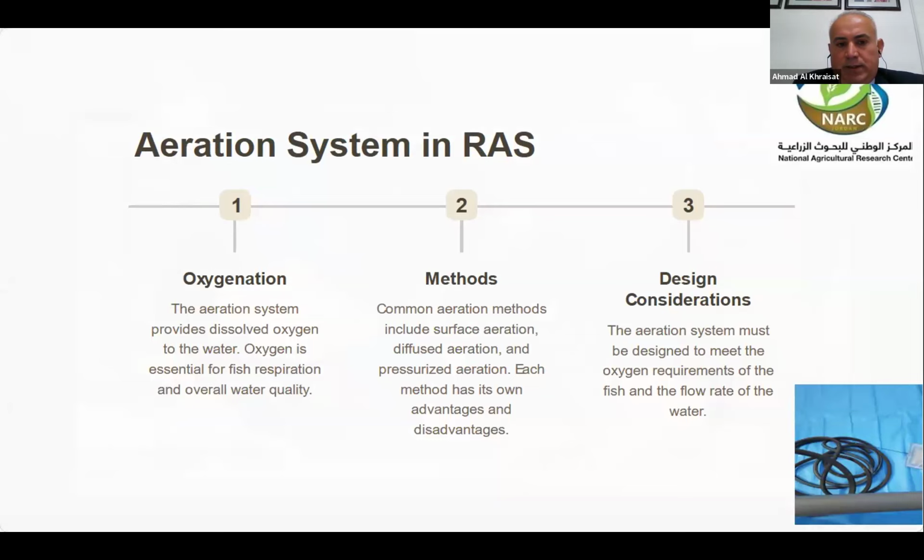We are using this in the RAS. The difference between aquaponics and the RAS is the oxygenation. Oxygen is essential for fish respiration and water quality. How can we increase this oxygenation? It can be done by surface aeration or deep aeration.